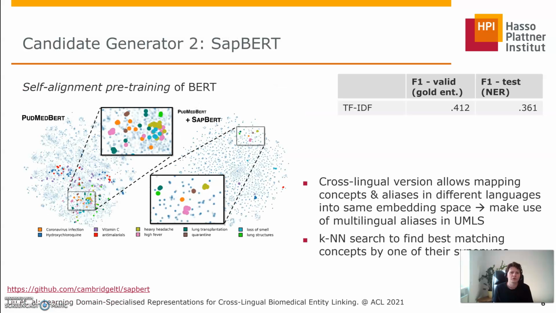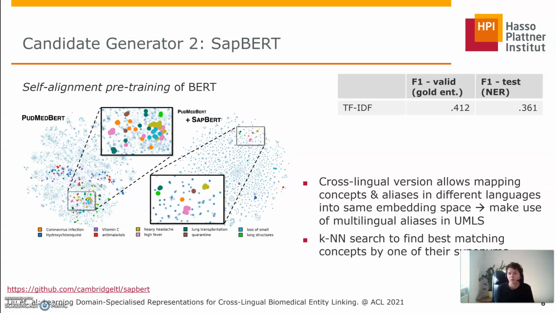Therefore, we made use of another candidate generation approach, namely SapBERT. It's a recent development, and that's basically a further pre-training of BERT to make it better at representing relationships in the UMLS. So terms that actually represent the same entity in the UMLS should be closer together. And there's also a cross-lingual version of SapBERT, which allows us to map concepts and aliases in different languages into the same embedding space.